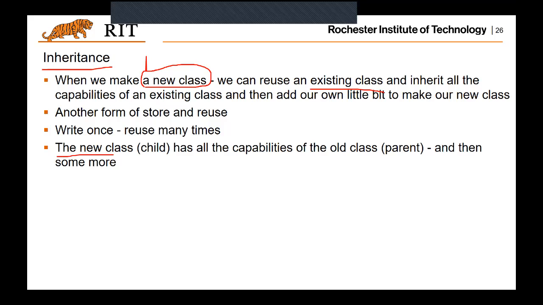This new class, which is usually called a child class, has all the capabilities of the old class, which we call a parent class. And then there will be some unique methods or attributes that only this child class has, but the old class hasn't. That is inheritance. It's also easy to understand, right?